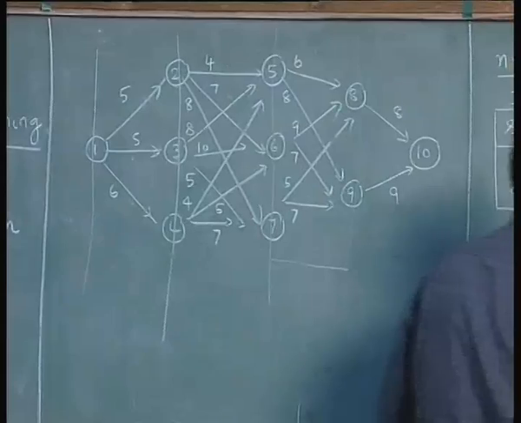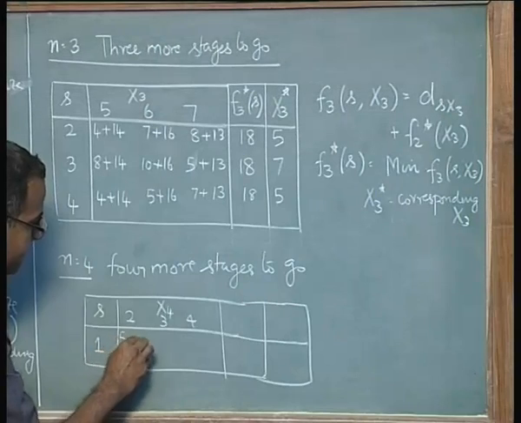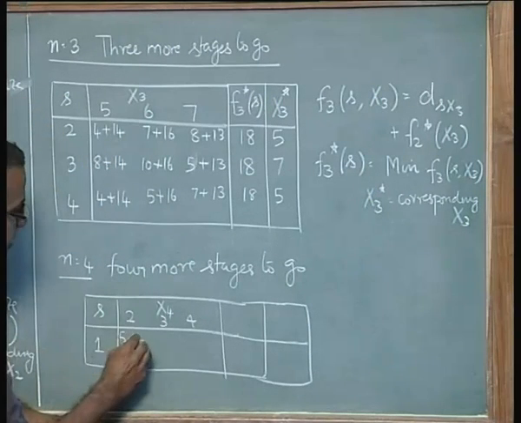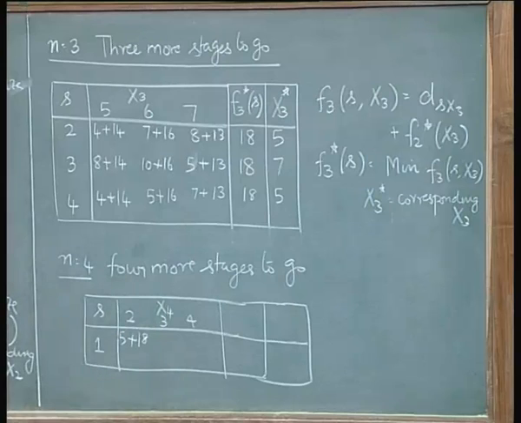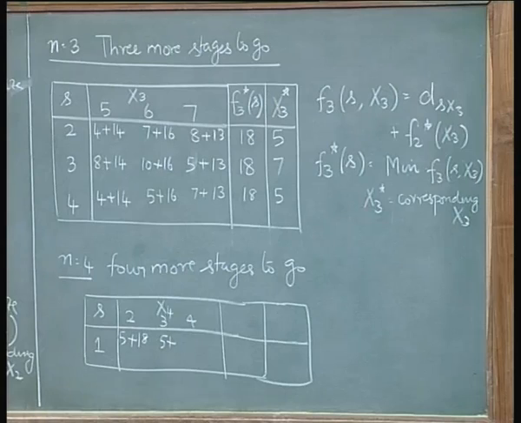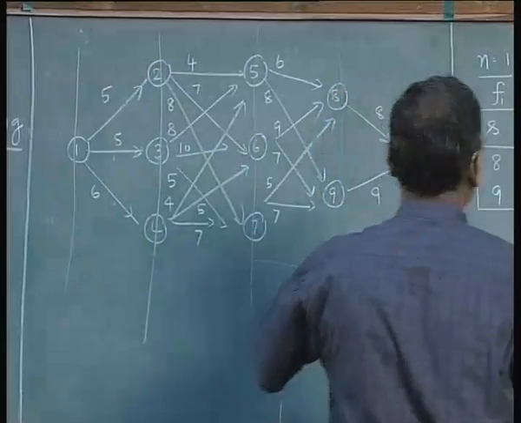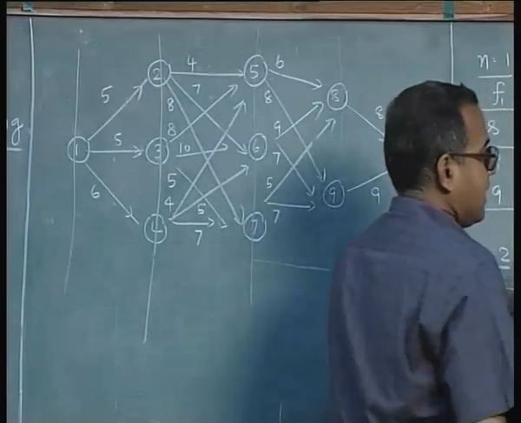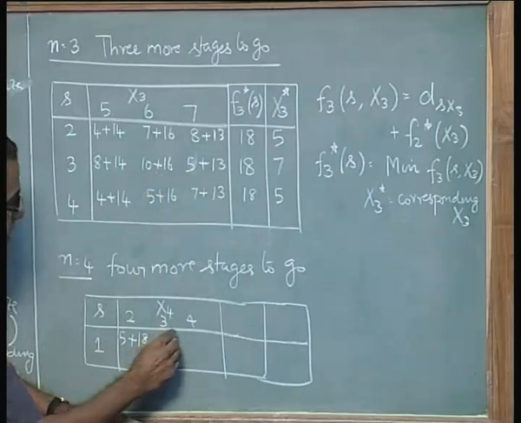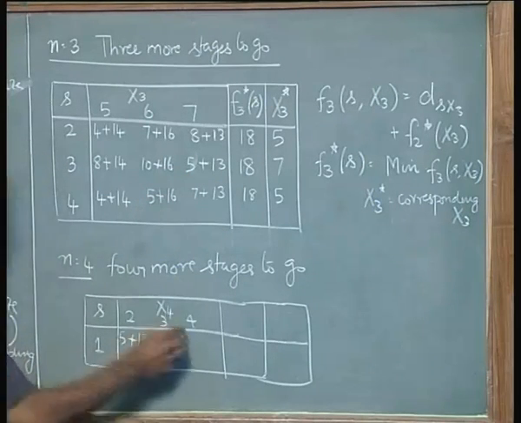So 1 to 2 is 5, 2 to destination is already here, which is given as F3 star of 2, which is another 18. 1 to 3 is another 5, and F3 star of 3 is again 18, so 3 to destination is another 18.